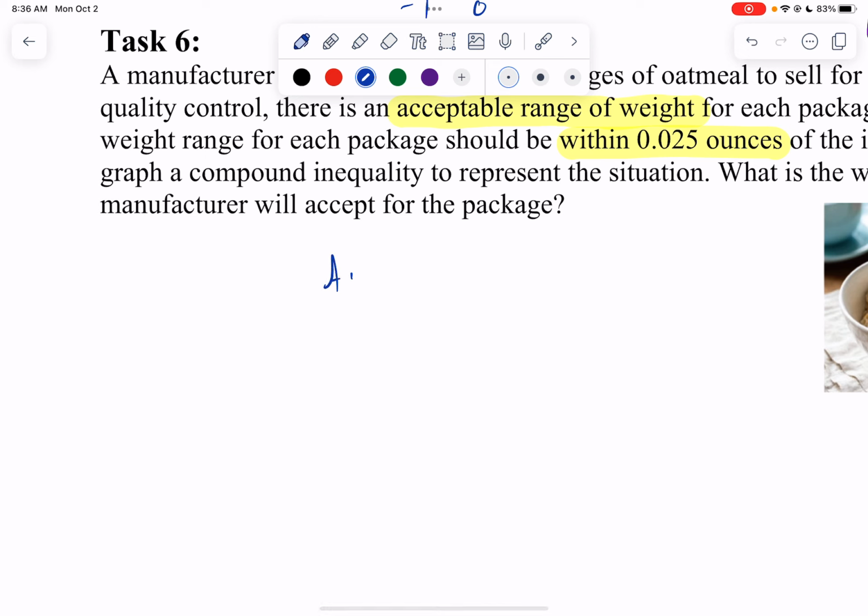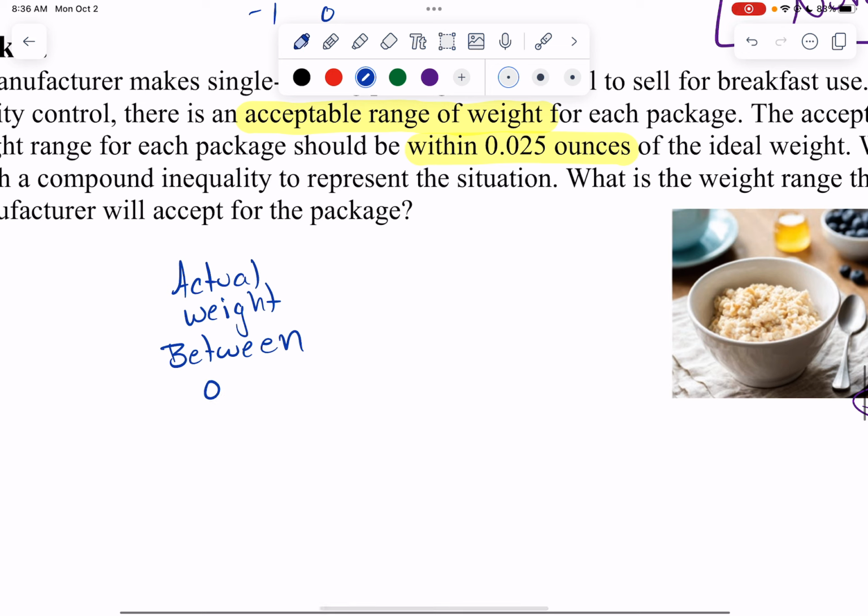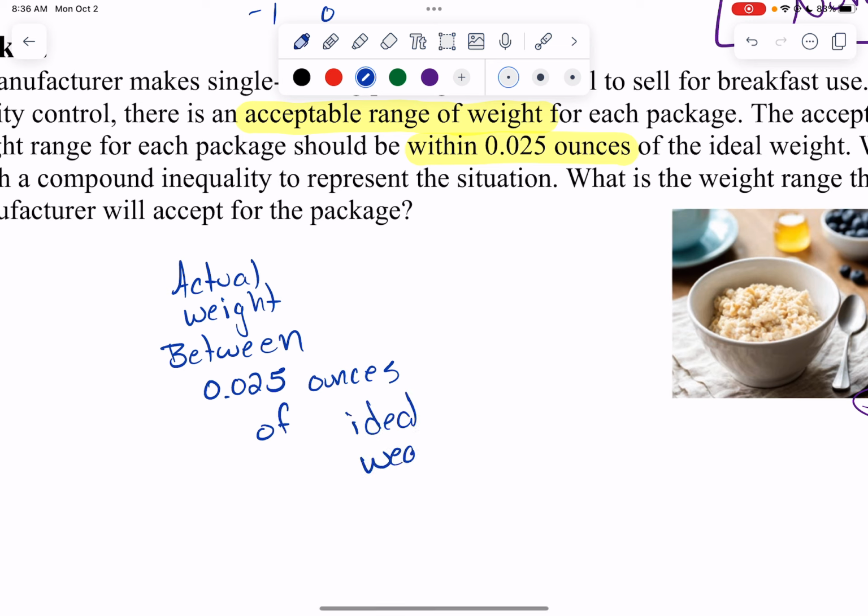So the actual weight of the package needs to be between 0.025 ounces of ideal weight. Okay.